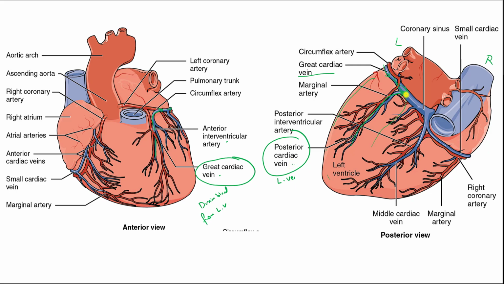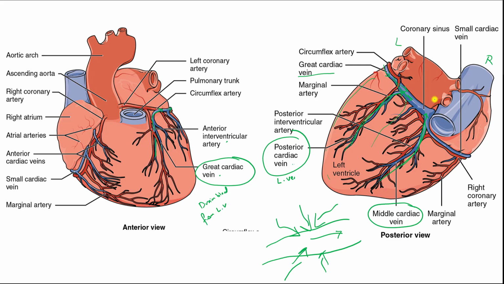Now this will continue, and just before it reaches the right atrium, there will be the middle cardiac vein, also draining blood into the same area. Think of them like small streams putting water in a big river. That is the idea of draining blood: small veins are putting deoxygenated blood in bigger areas.